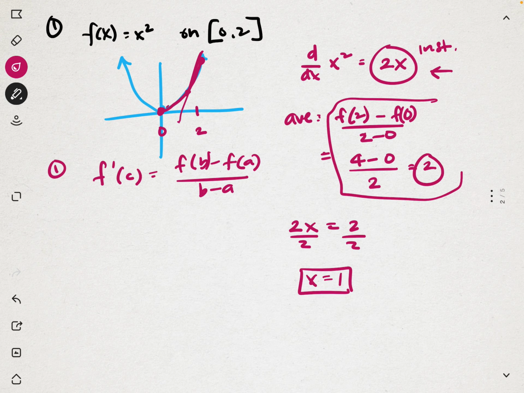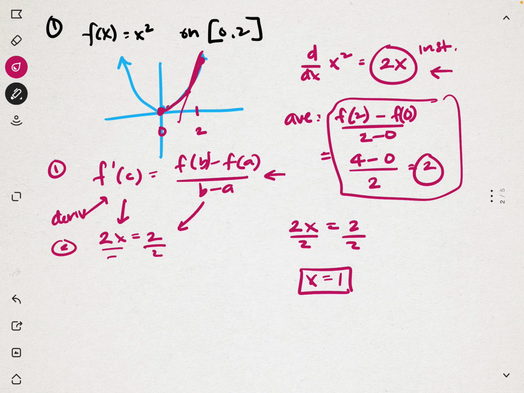Here's where we found our average, which was 2. That's this part. For the instantaneous, we did the derivative. This is the secant, or the average, and this one represents the instantaneous. We're trying to find where the mean value theorem applies, and we just did our algebra and saw that x is equal to 1.